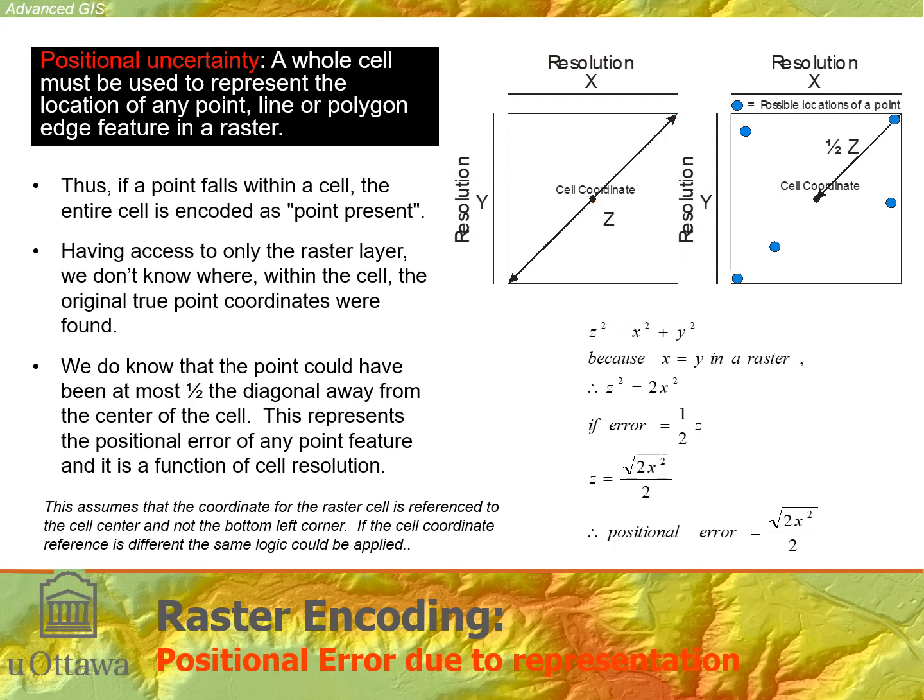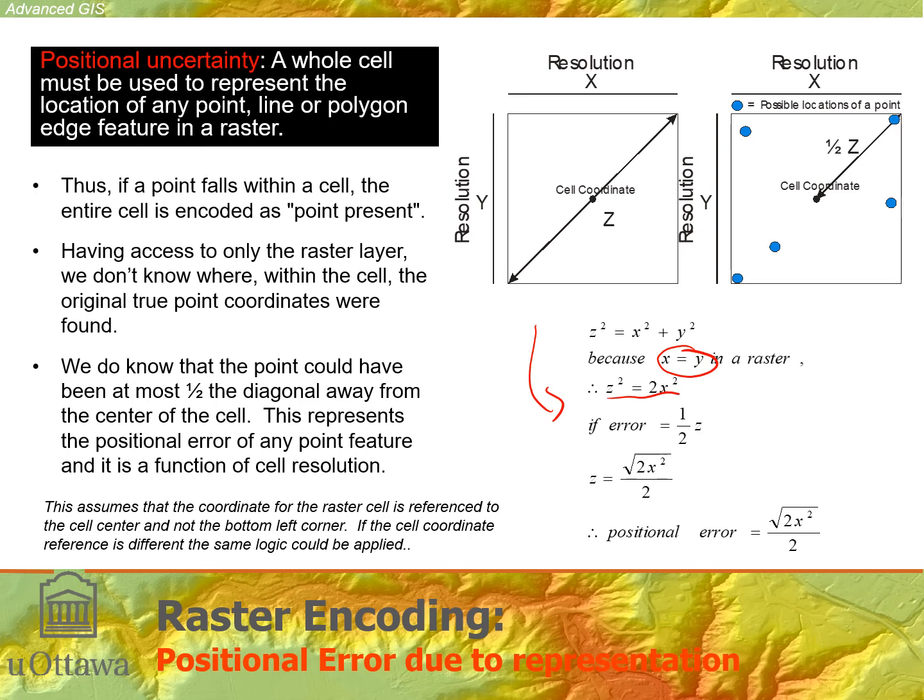In particular, for 99% of the cases that we would use this for, we have square cells, which make it very easy to calculate. So if the resolution in x equals the resolution in y, then z squared is simply 2x squared right here.